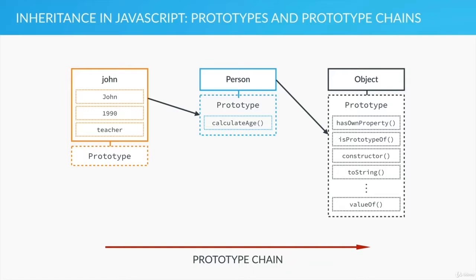If the method is still not there, this continues until there is no more prototype to look at, which is null. Null is the only one that has no prototype, and is therefore the final link in the prototype chain. And in this case, undefined is returned. This is the reason why, for example, the John object could call the hasOwnProperty method that is stored in the object prototype property.